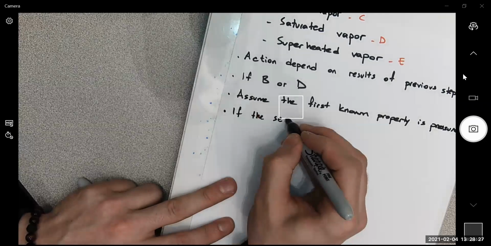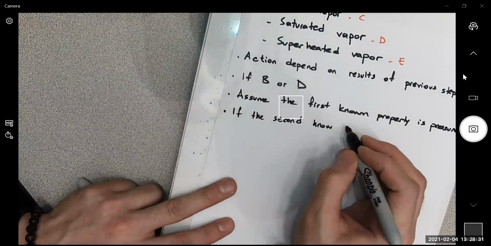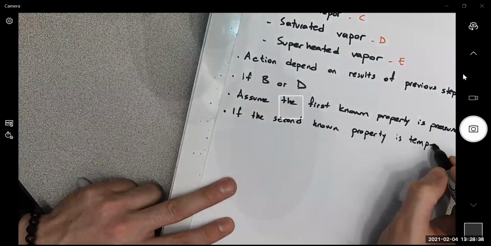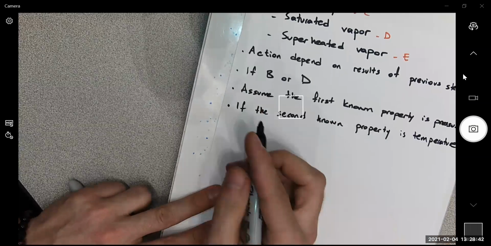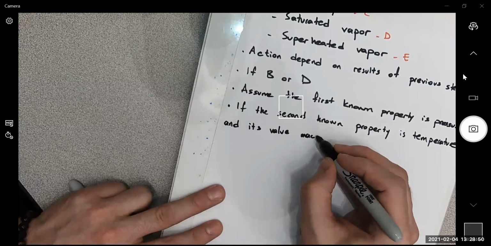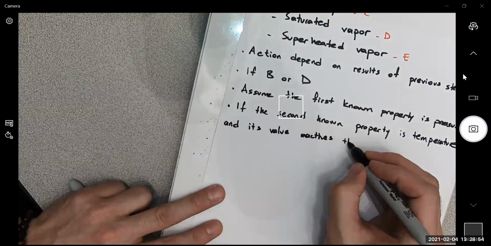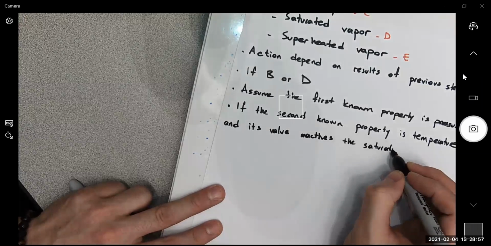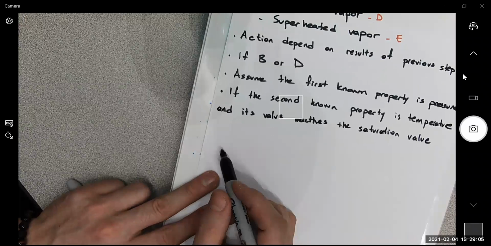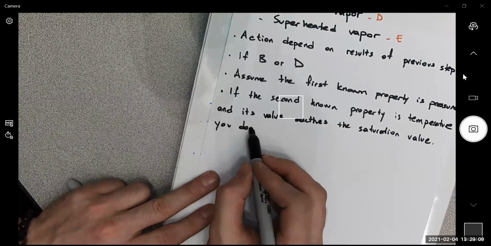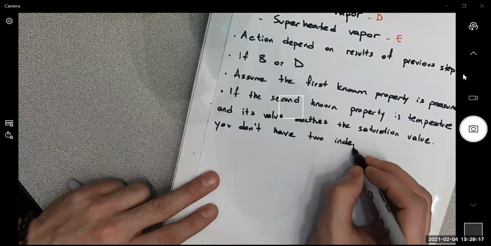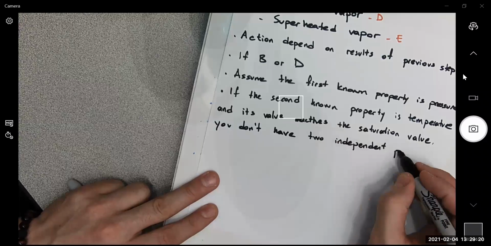If the second known property is temperature, and its value matches the saturation value, you don't have two independent properties.